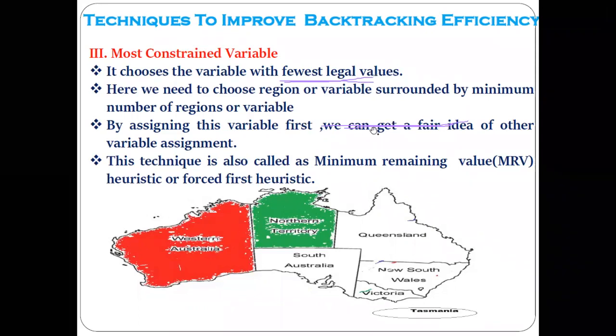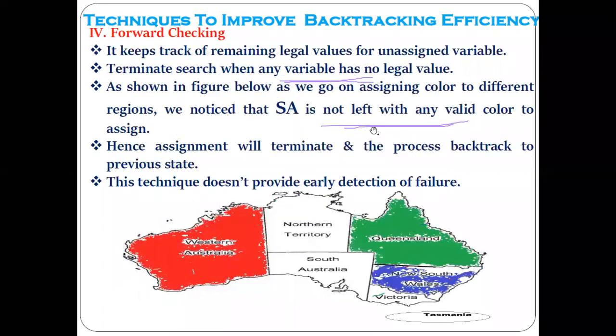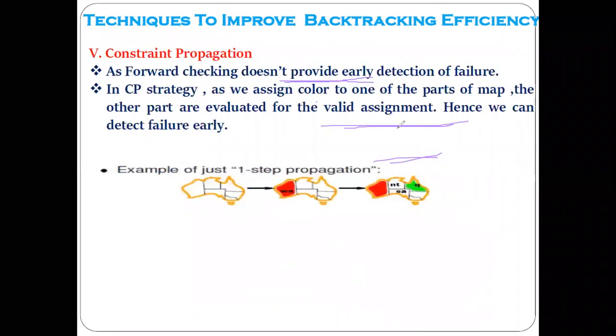Next, forward checking: we randomly go on assigning the color, and we stop at the point when we see that no color remains to be given to certain regions, and from that point we backtrack.